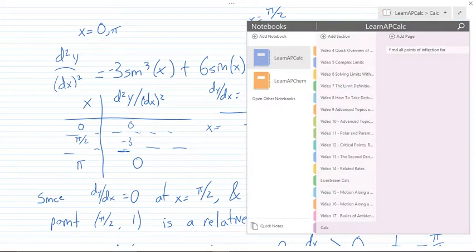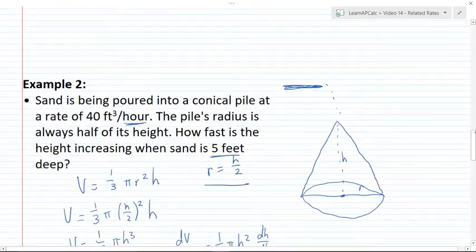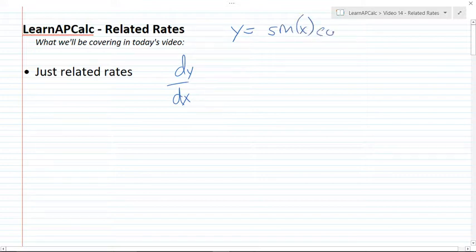Otherwise, I can go over what we did in our other video, related rates. And so this stuff is not straightforward at all. Unlike most things in calculus where, you know, like let's say you had y equals sine x cosine x, and the problem was find dy dx.